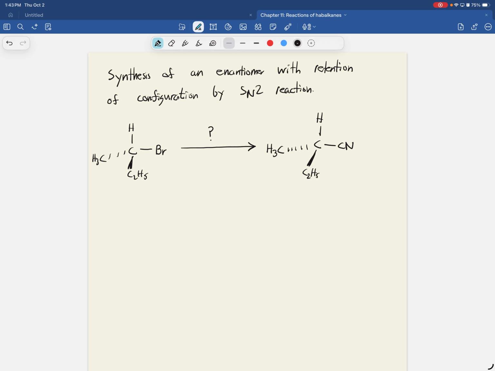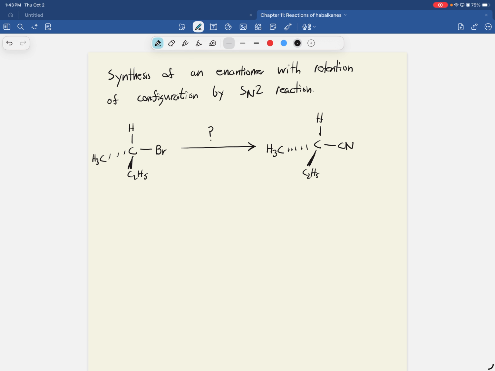Okay. So if you think right now, oh, we could just have sodium cyanide and just do an SN2 reaction. But what will happen if I just do that? What will happen to the configuration? You guys have to guess. So can I just achieve this by one SN2 reaction?